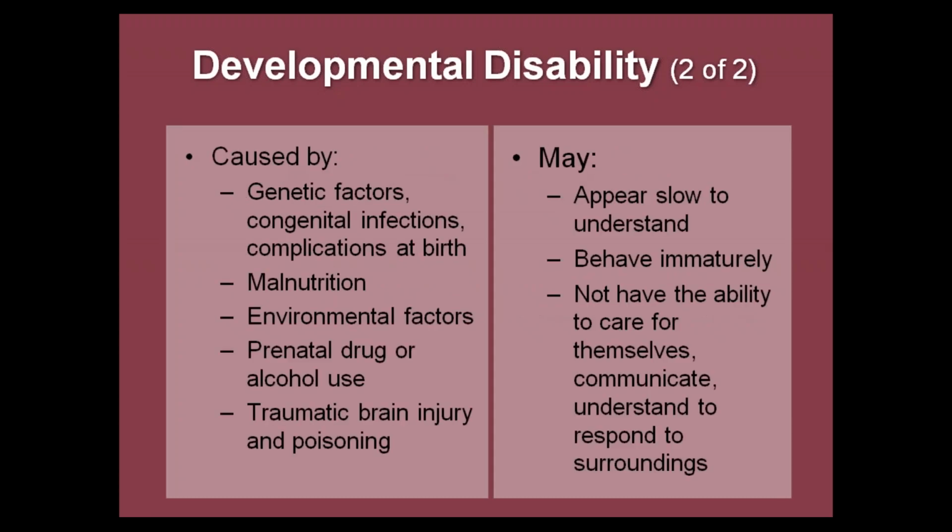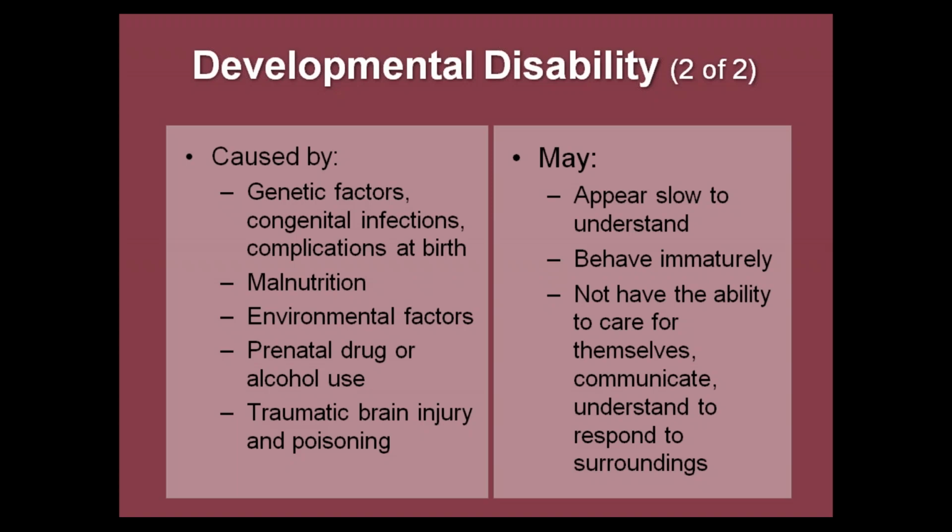It can be caused by different types of factors. It can be genetic factors, congenital infections, or complications at birth. This could be due to malnutrition, either by the mother during development of the baby, the fetus.